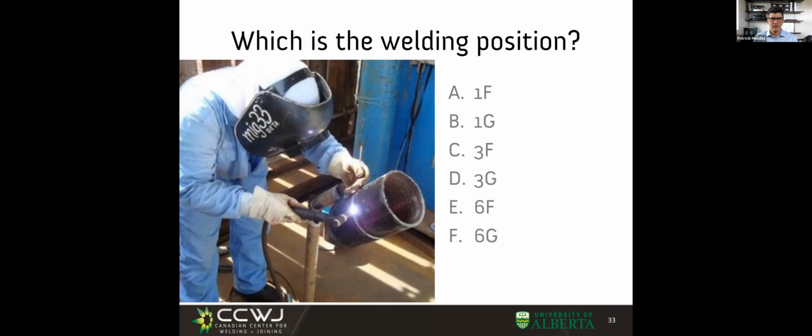E for overhead, D for fillets overhead, and then they have F and G for vertical up and vertical down. I actually think their European system is a lot better. We don't use it here, but I wanted to bring it up because it's so easy to remember. And I think it's smarter than what we have.